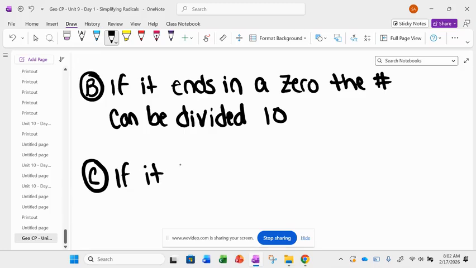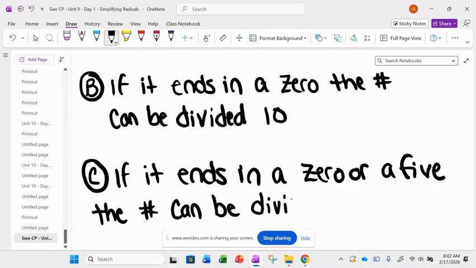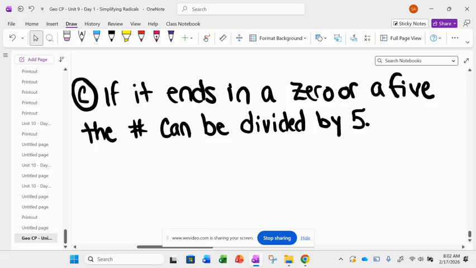If it ends in a 0 or a 5, the number can be divided by 5.